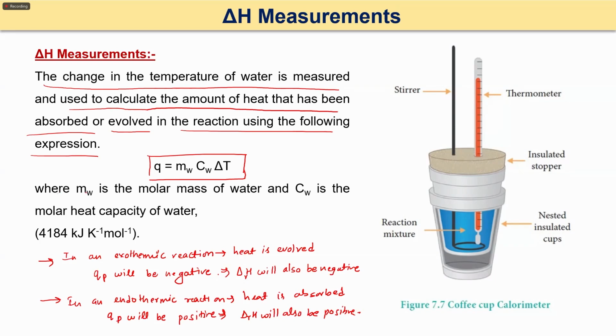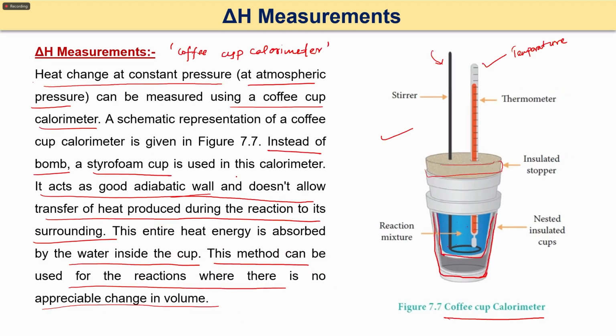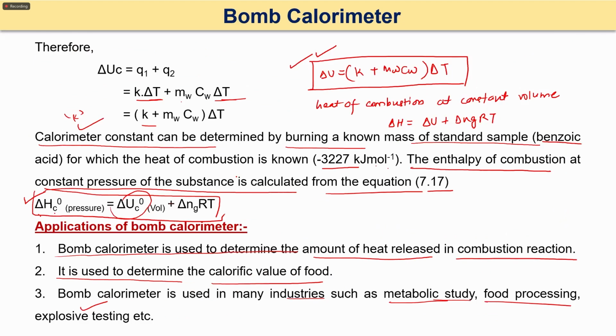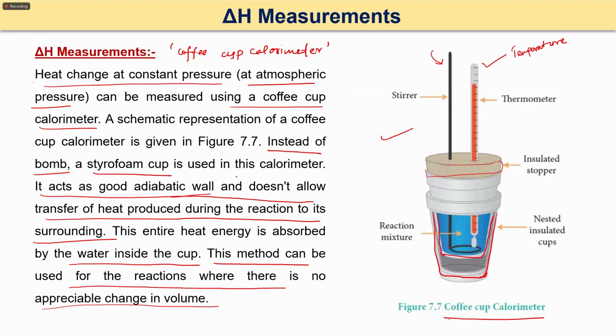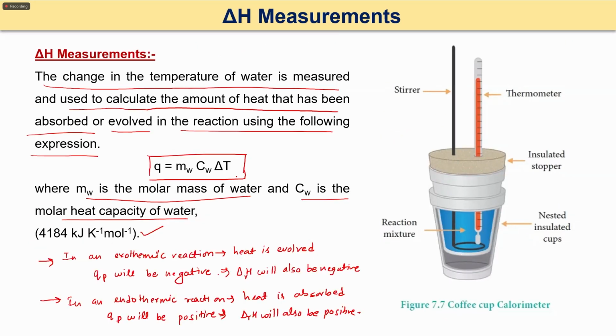Here MW is the molar mass of water as studied earlier, and CW is the molar heat capacity of water, and this is its value. So this is how we can measure delta U using a bomb calorimeter and delta H using a coffee cup calorimeter. And this was the equation we can easily use to calculate.